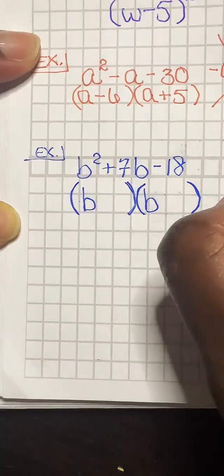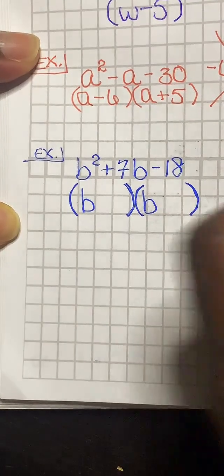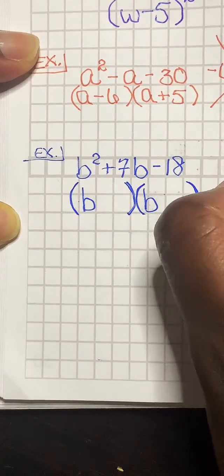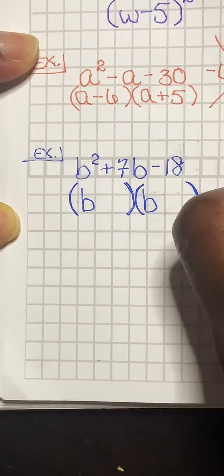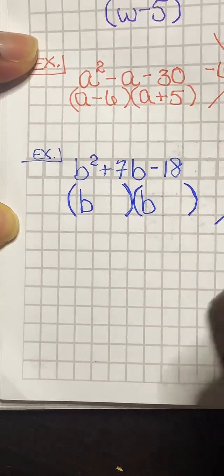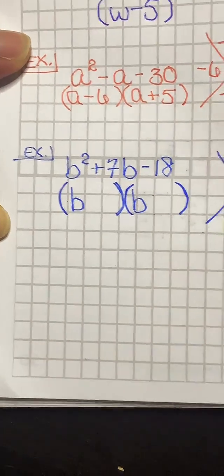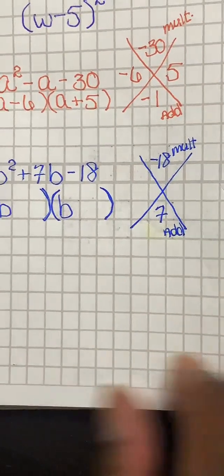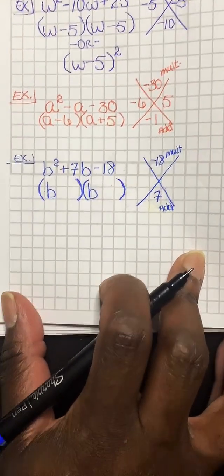Now, let's think this through. So we have a negative 18 and we have a positive 7. So we want to know what's going to multiply to give me negative 18 and add to get 7. Let me zoom a little less so we can put it all in here.